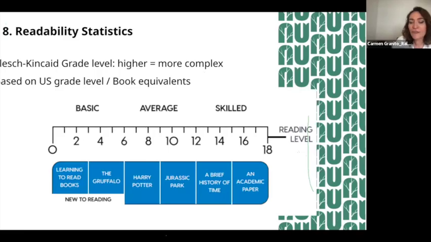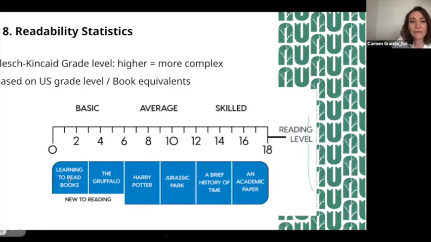The Flesch-Kincaid grade level is the other way around. The higher the score, the more complex the reading. This goes from 0 to 18 and is based on US grade level, but because we are not from the US, I also added some book equivalents.